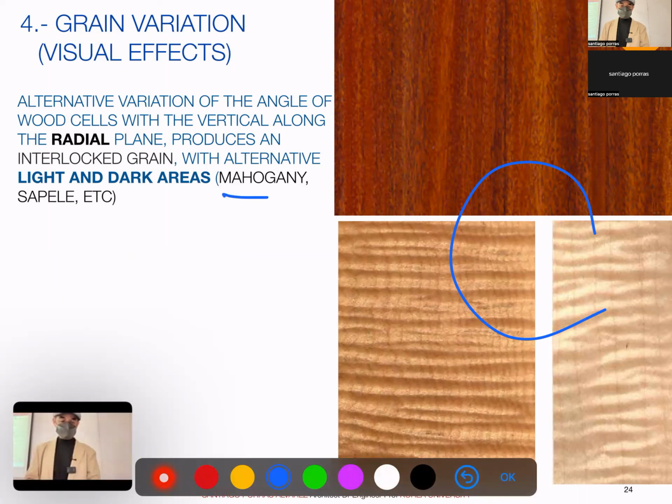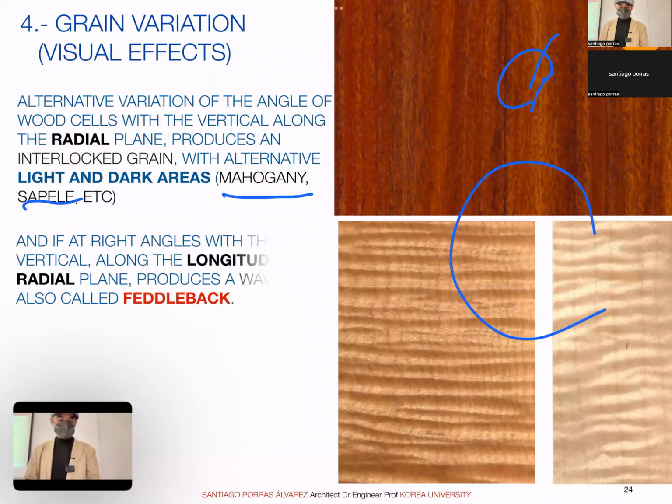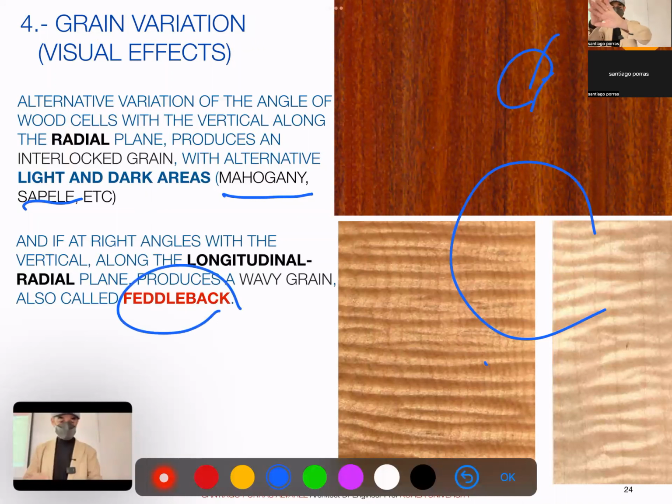So trees like mahogany, sapele, many tropical trees, according to how you look at them, have brilliant and shaded areas. And the lower part is the fiddleback, which is produced by the reflection of the different directions of the fibers of the tree, right? You'll see this mostly in furniture or musical instruments and things like that.